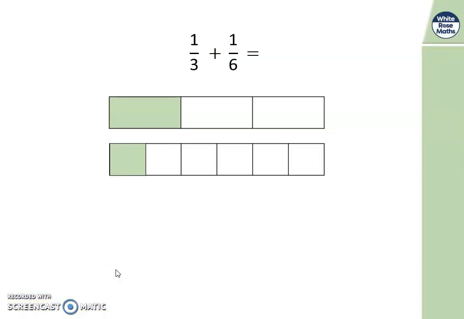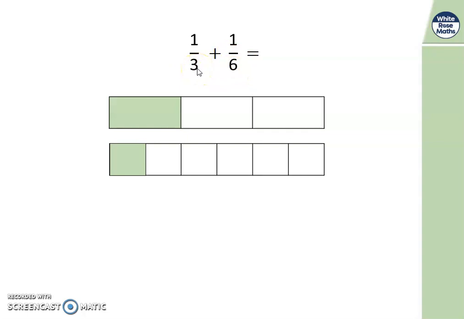Let's learn. Building on yesterday's work with our fraction strips first of all, before we go into our more abstract form. Let's check. 1/3 add 1/6. Now remember, the key is we need to change the fractions so that the denominators are the same. So we're going to change 1/3 so that it becomes sixths.